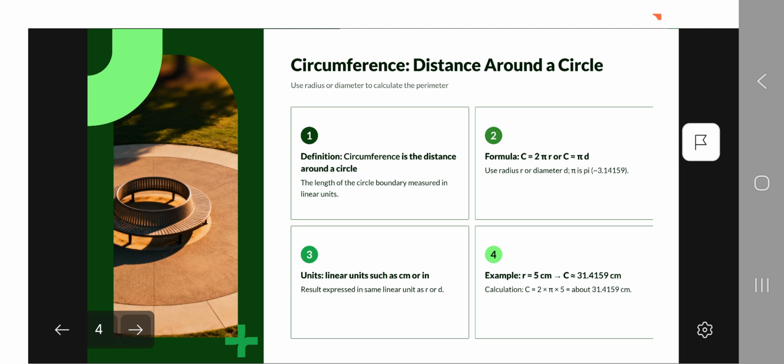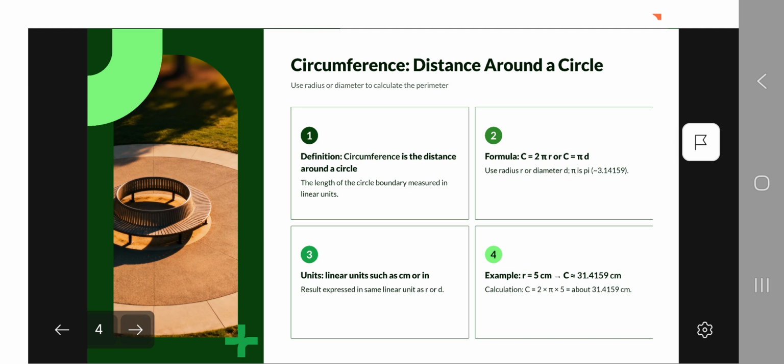So use radius or diameter D. Pi is 3.14159. You don't have to choose both, but I'm suggesting you choose one method.